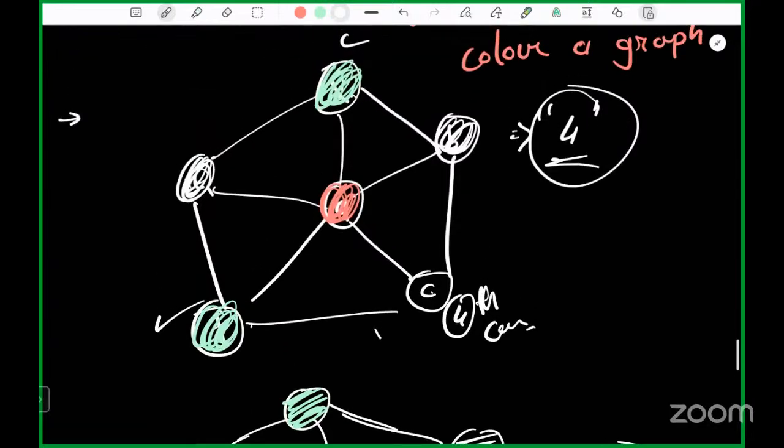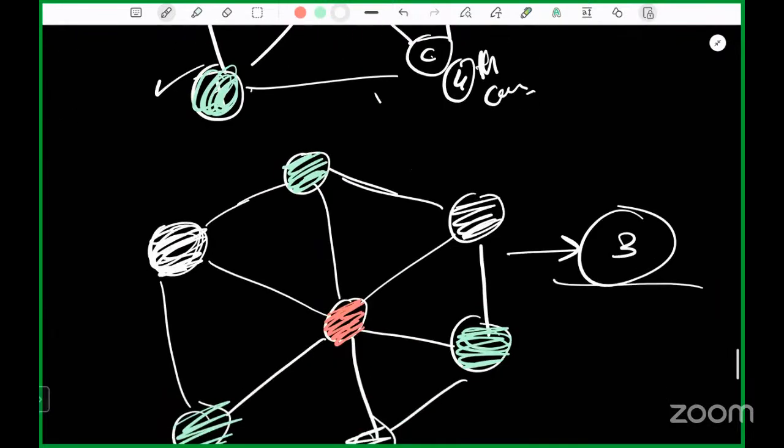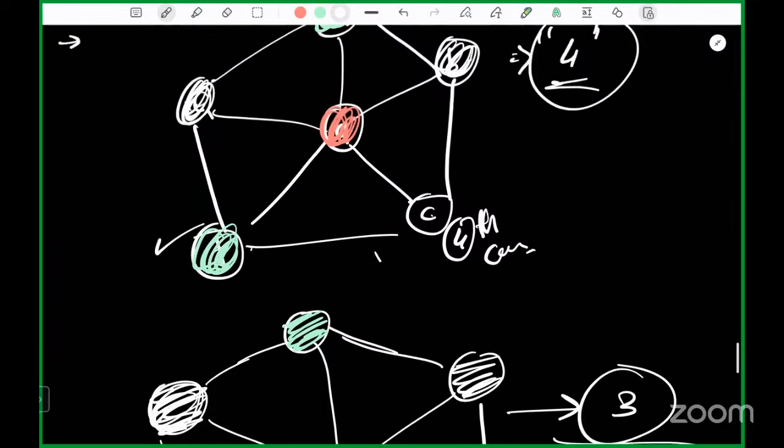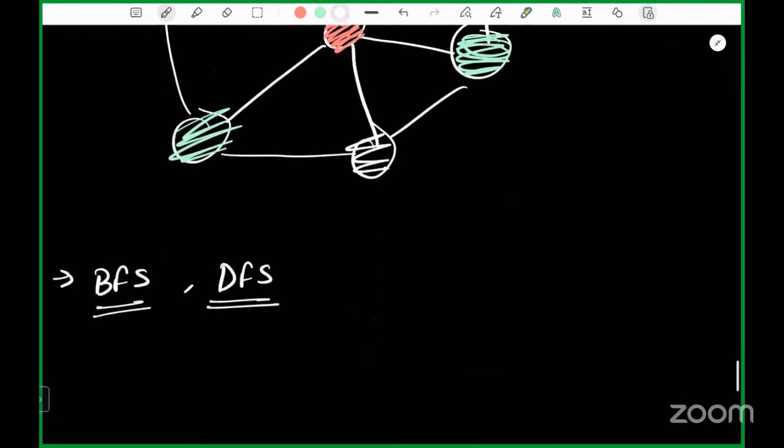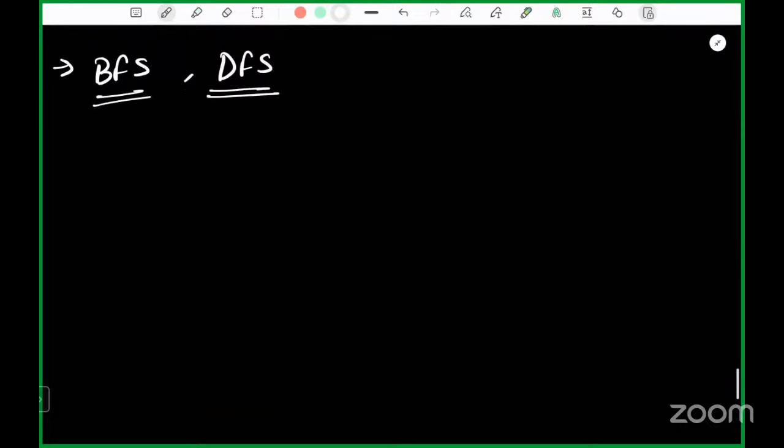So we don't actually have a formula. The only formula is keep coloring. Actually, no guesswork, because in graph theory you also don't have a closed form for so many things. We just have to go with the logic only.